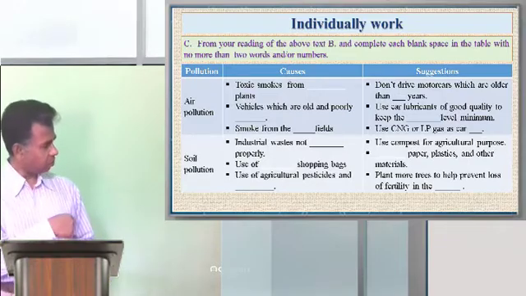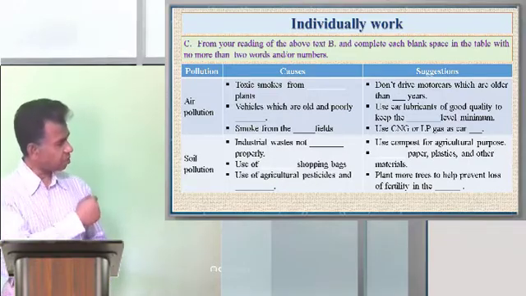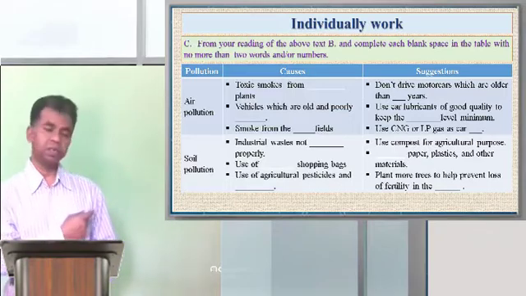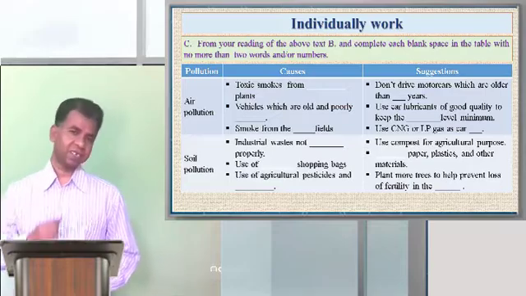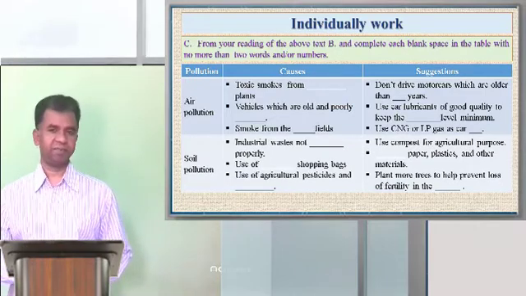There are 3 columns. The titles of the columns are pollutions, causes, and your suggestion.